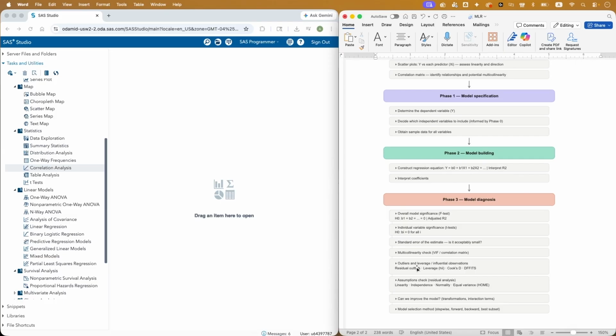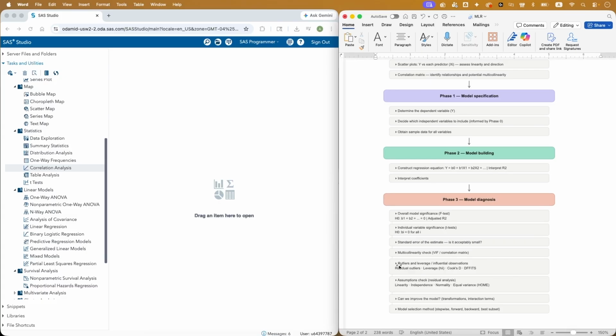And we're going to look at a measure called Cook's D as well. Finally, we're going to look at the assumptions and see if the assumptions are met or no. If we have outliers and an influential observation, do we need to take it out or leave it? If it's influential, probably we are going to think about taking it out. If it's just a regular outlier, we may keep it if it doesn't have that impact.